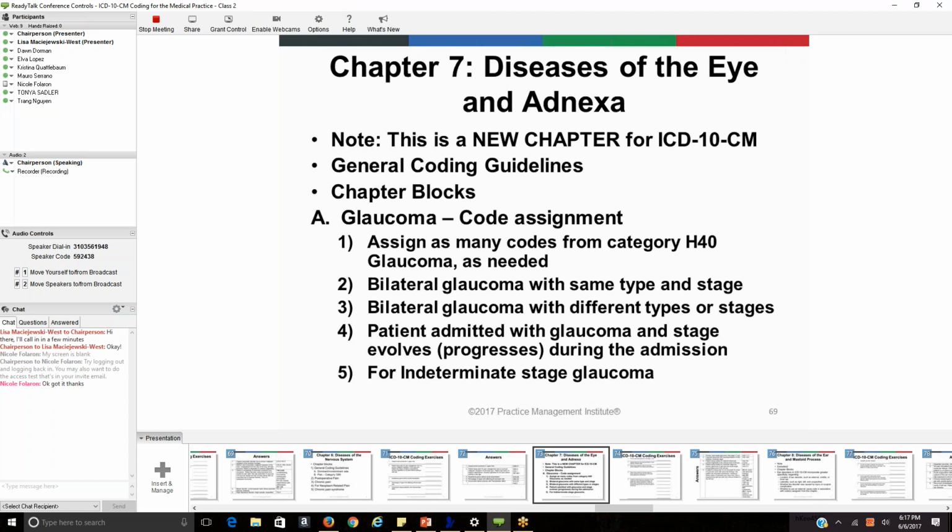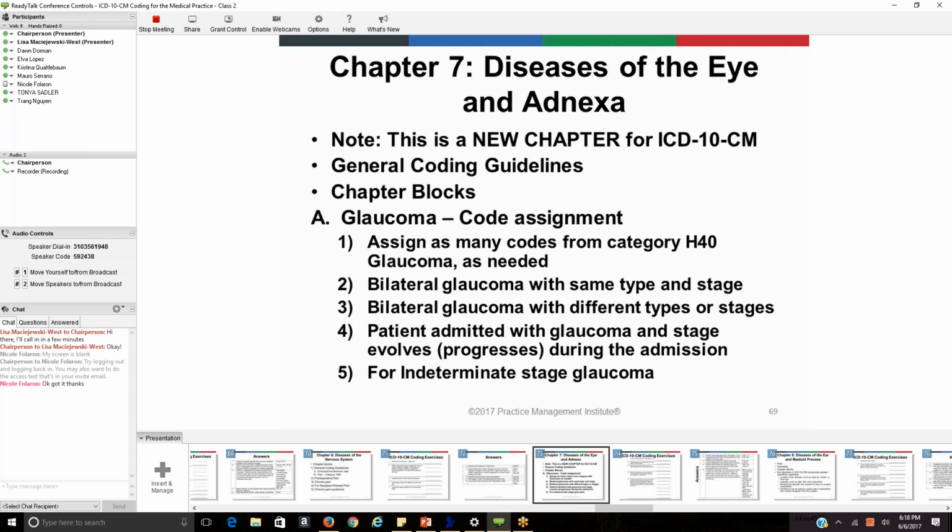Generally, as we discussed yesterday, a condition that is affecting the right side of the organ, or the right organ of a pair, is going to end in a number 1 in the diagnosis code sequence. If it's in the left eye, it's going to end in a number 2, and if it's in both eyes bilaterally, it's going to end in the number 3.